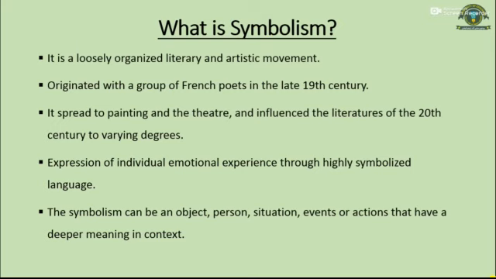So symbols can be any object, person, situation, event or action that has a deeper meaning in context. These devices were basically used in literature to help understand a literary work by giving it additional meaning.